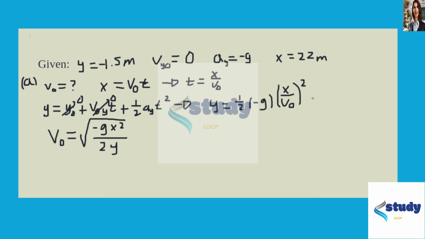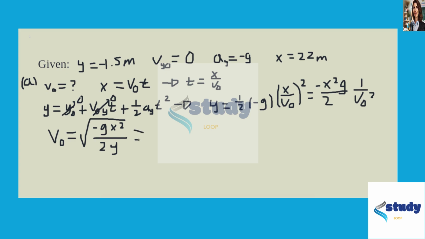That's because you can rearrange this equation to equal x squared over 2 times, there's a negative sign here, times g, and then this is times 1 over v naught squared. So if you solve for v naught, this is what you get.